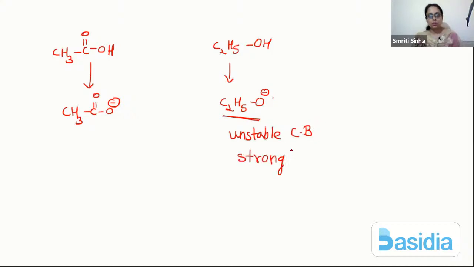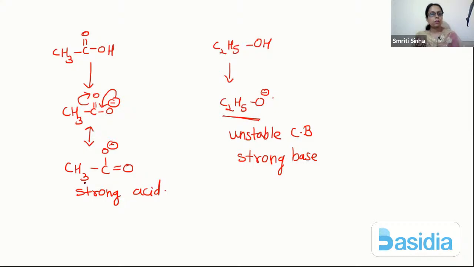Because it is unstable, it will try to find an H plus very quickly and act as a strong base. But this acetate ion is a stable conjugate base because of resonance. The more the resonating structures and the more the resonance, the more stable the conjugate base. And if the conjugate base is more stable, it is a strong acid. So therefore, acetic acid is a strong acid because its conjugate base is more stable. So it will allow the H plus to go easily.